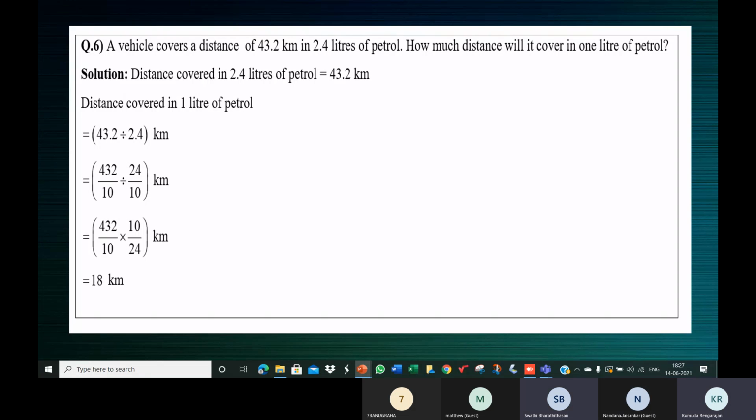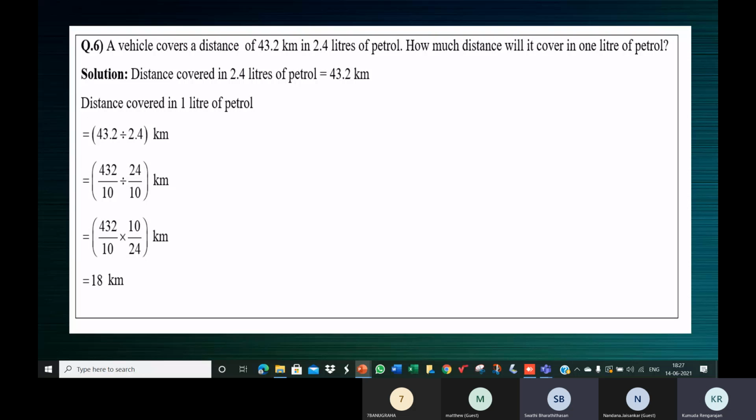Ma'am, 50 divided by 5 will get 10 kilometers for 1 liter of petrol.